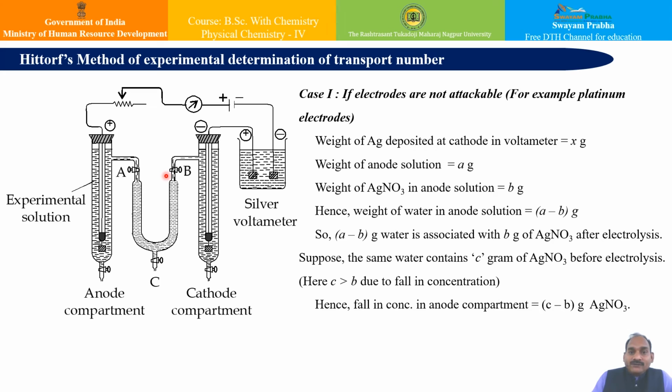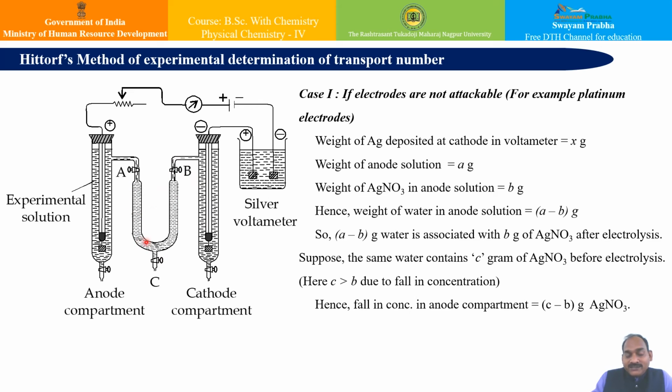Now the weight of silver or copper, whatever it is, deposited in the voltmeter is also determined, and the solution in the central compartment is also removed and titrated with the same titrant to check whether the concentration is the same or not for the central compartment.